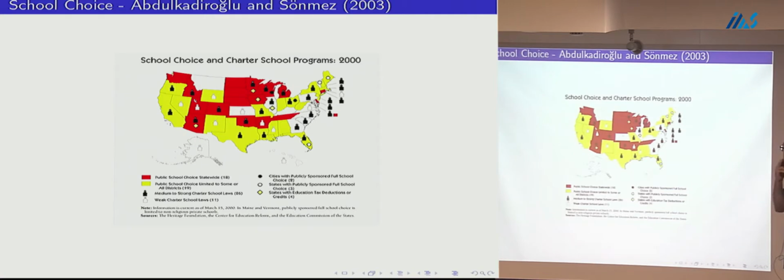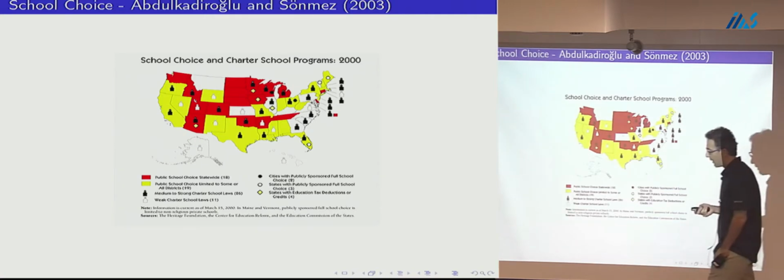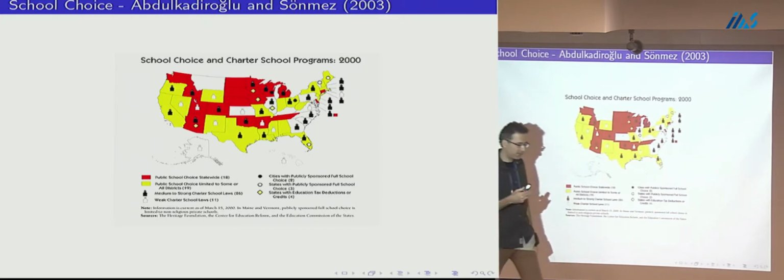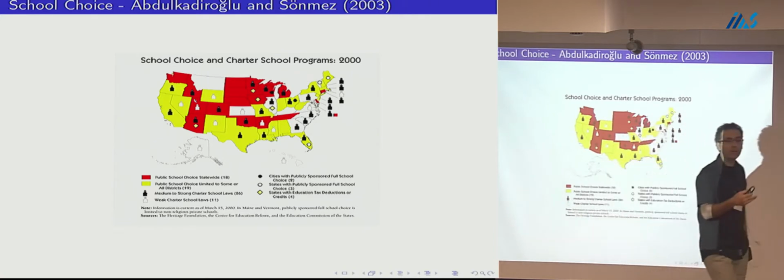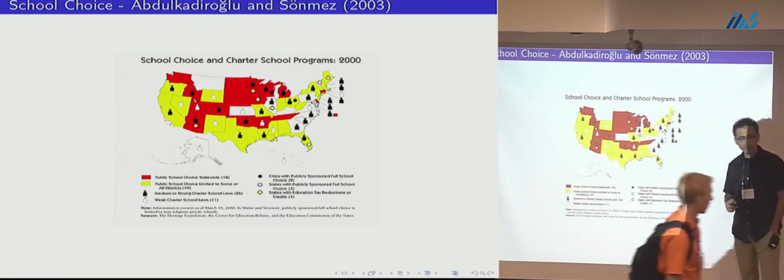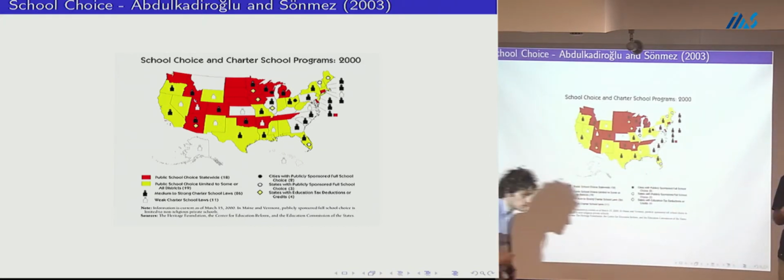So what is school choice? School choice is a problem that my co-author and I started working on in the late 1990s. Before the 1980s, traditionally, students were supposed to go to their neighborhood schools. In the 1980s, Minnesota was the first school district that introduced some kind of choice over district schools.